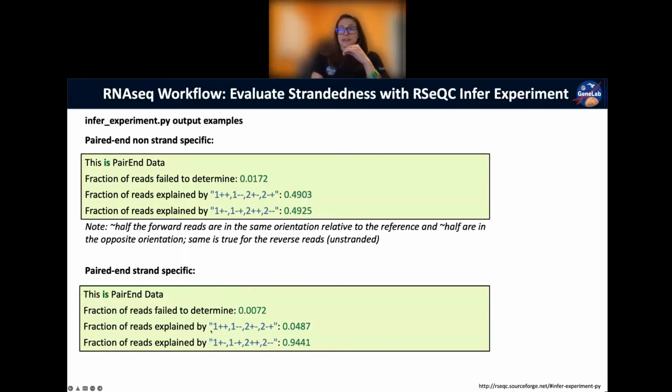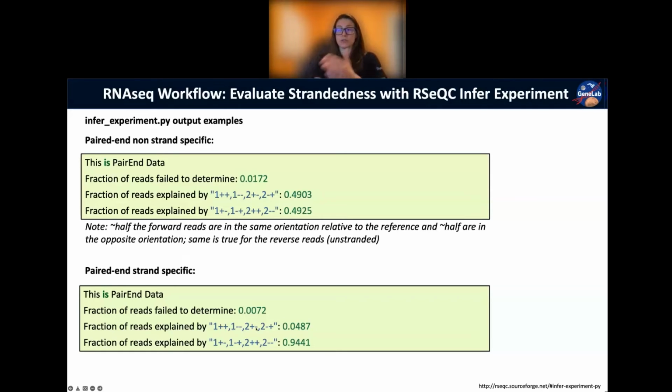This is what strand-specific output looks like for paired end data. So again, we're looking here at the fraction of the reads that are explained whenever you have the forward read here. If the reference is in the positive direction, the forward read is in the positive direction. If the reference is in the negative, then the forward read is also in the negative direction.